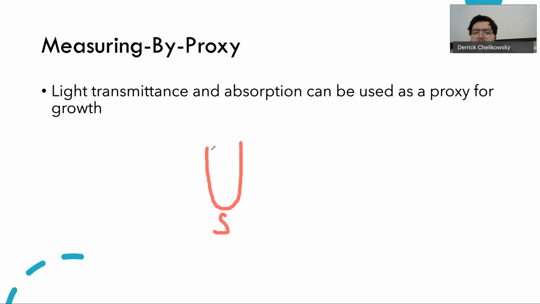Inside of our sample, we have some kind of liquid, whatever it may be. How a spec is going to work is it's going to send light through your sample and then to a receiver.